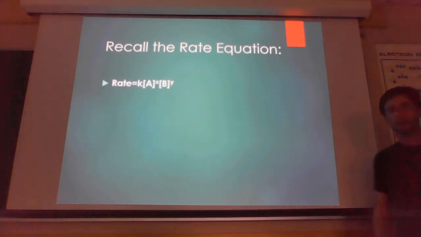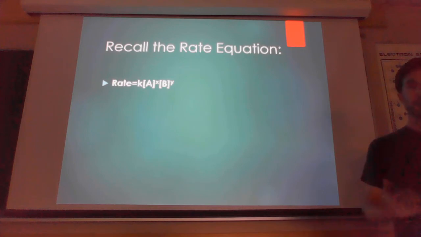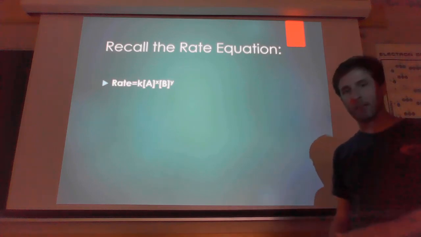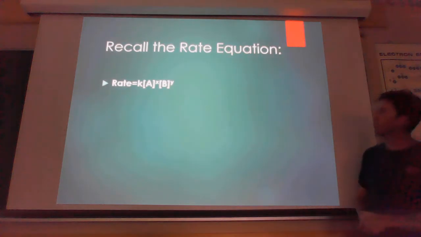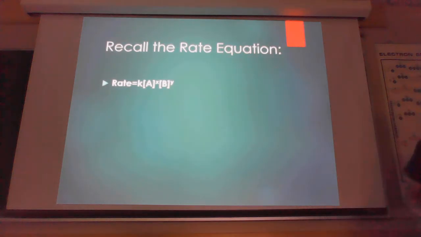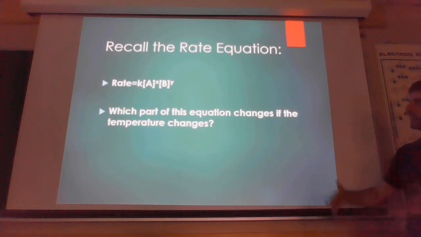Now, we say that increasing the temperature increases the rate of a reaction. Okay? So if I'm looking at a rate law, rate equals k times [A], my first reactant raised to the x power, times [B], my second reactant raised to the y power. So if I have a rate law, which part of this equation is going to change if the temperature changes?